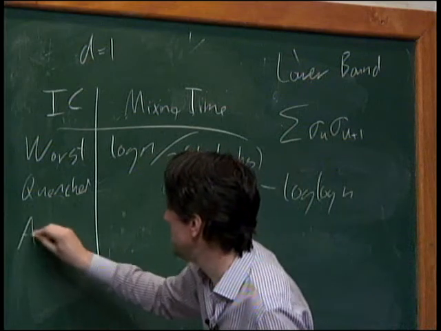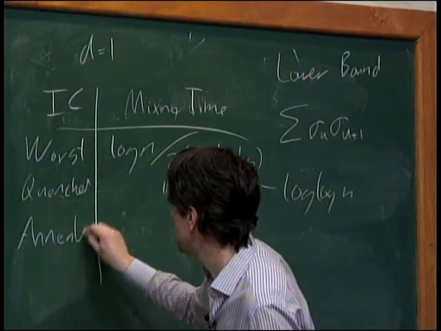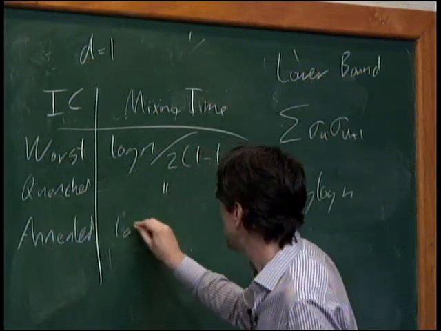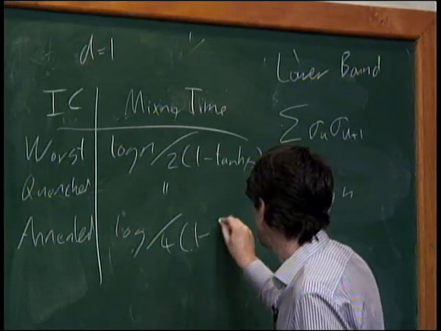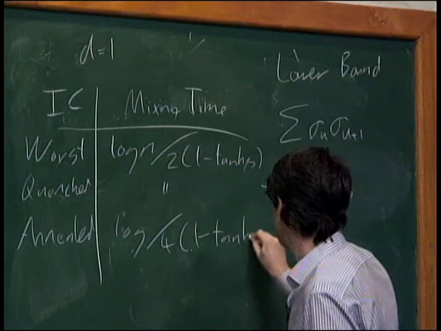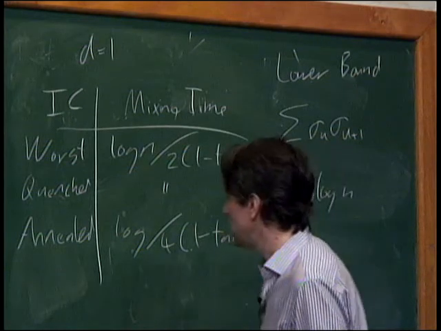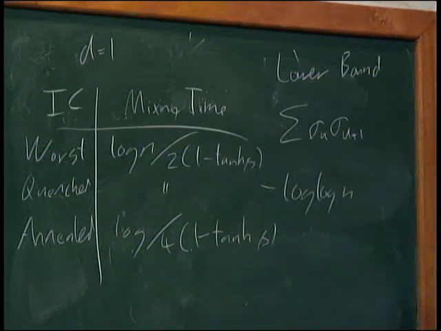For the annealed, we get half of that. So these are two random initial configurations you could take.